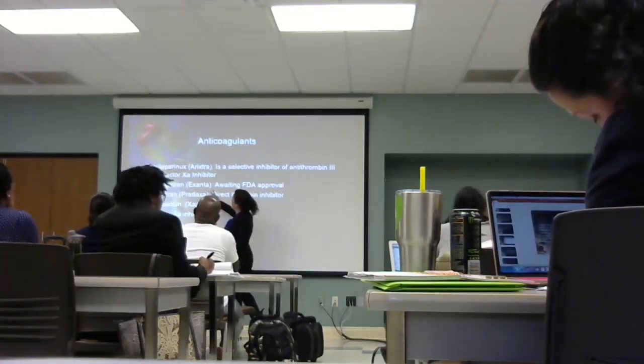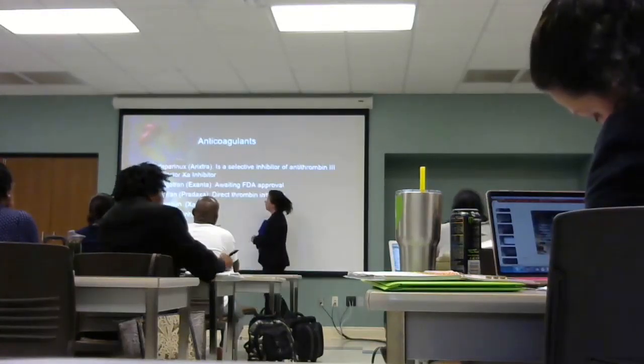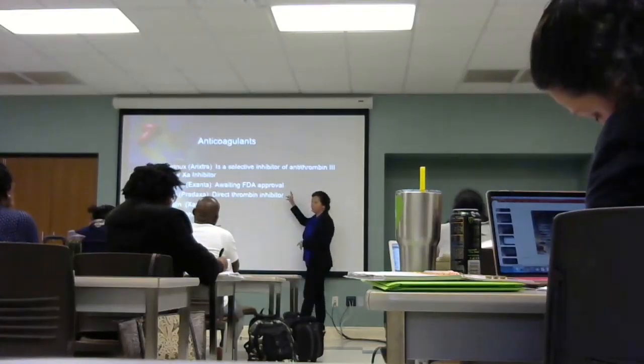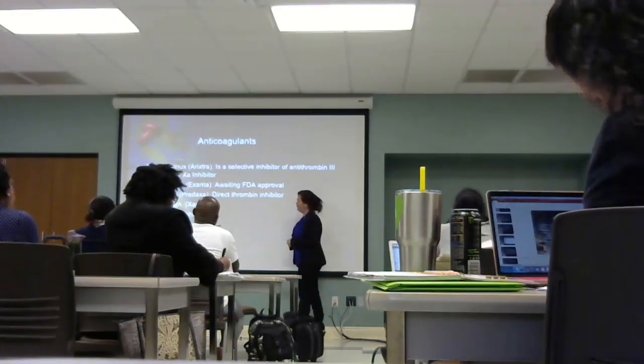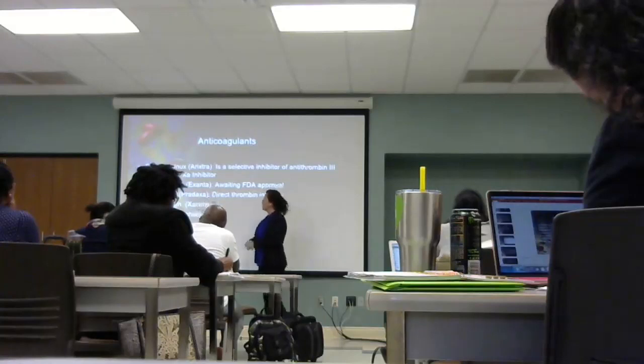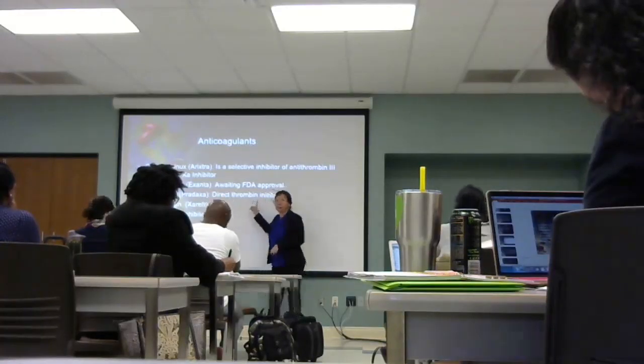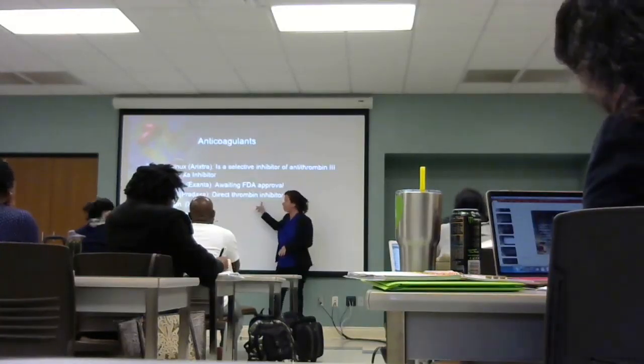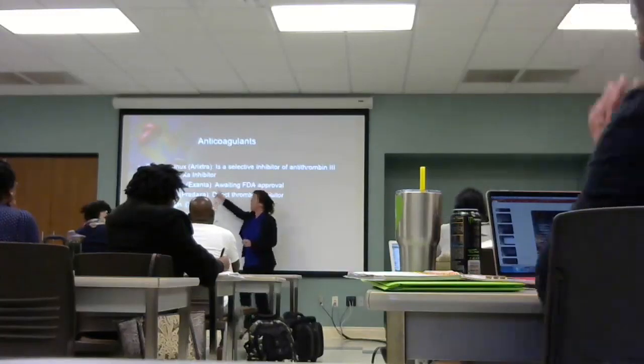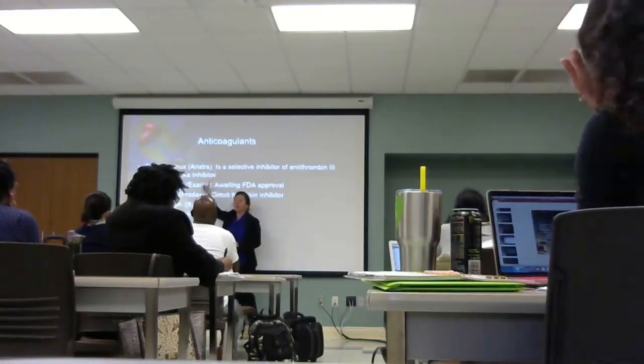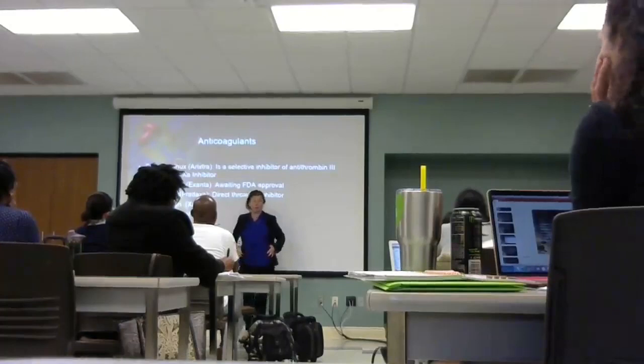Another one that is on the market but we don't use as much is Xantan, which still needed FDA approval this last year. We also have Pradaxa, which is a direct thrombin inhibitor, highly used, as well as Arixtra and Eliquis for patients that have orthopedic surgery.